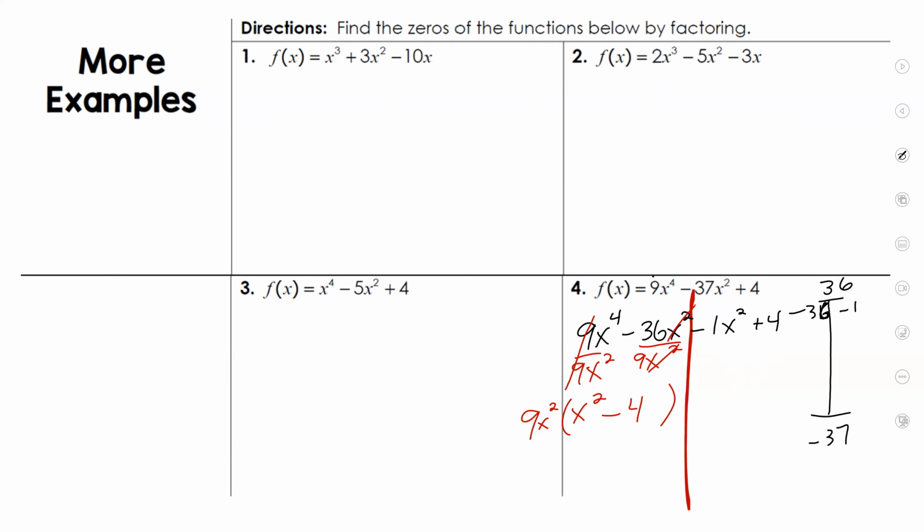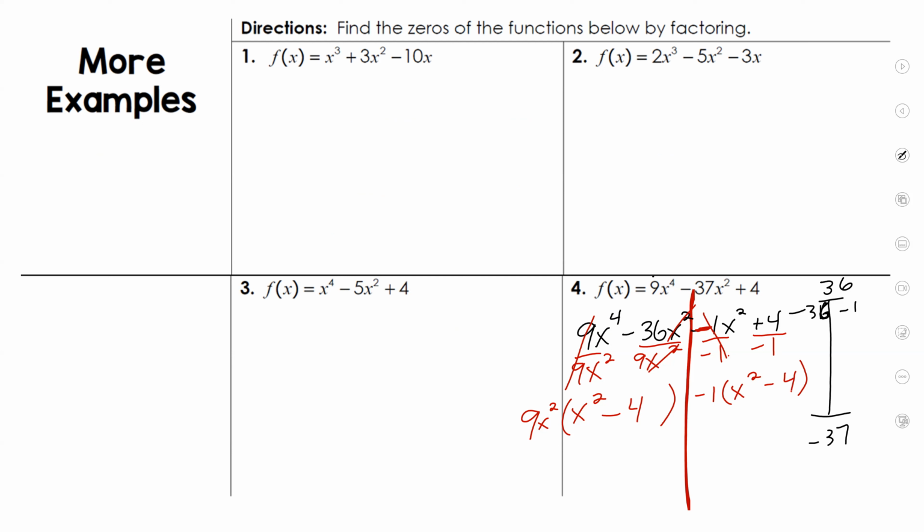Now let's do the GCF of the other side. What can these both be divided by? -1. So guys, if this is a negative right here, always divide by a negative. So -1 will be on the outside. Those cancel. I'll have x squared. 4 divided by a -1 is a -4.